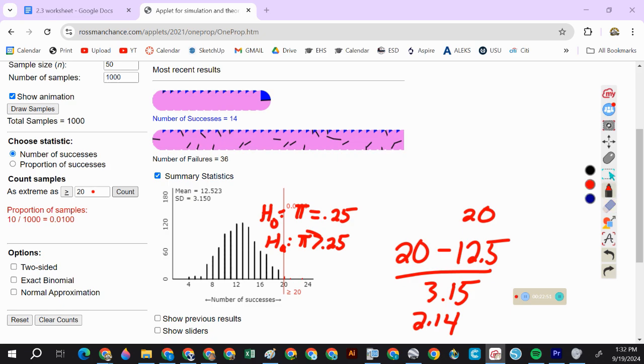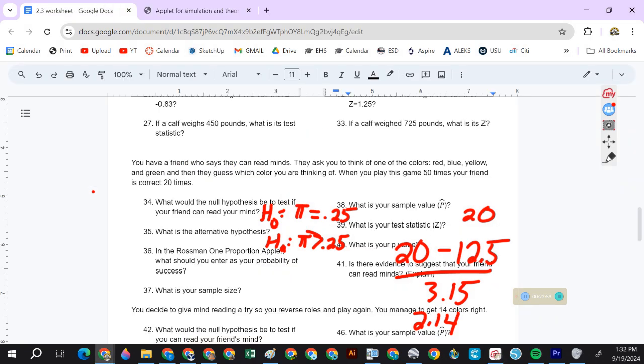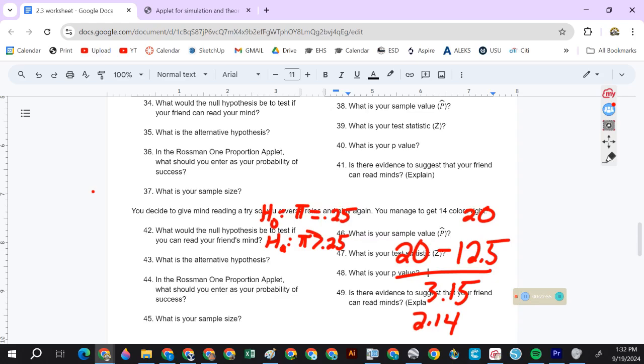So my p-value is 1%. Is there evidence to suggest that your friend can read minds? Yes. So do we accept the null or reject the null? We reject the null because my p-value is small, and we say there is evidence to suggest that your friend can read minds. Okay?